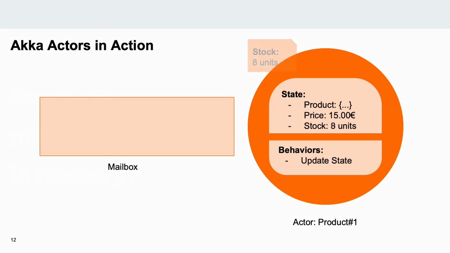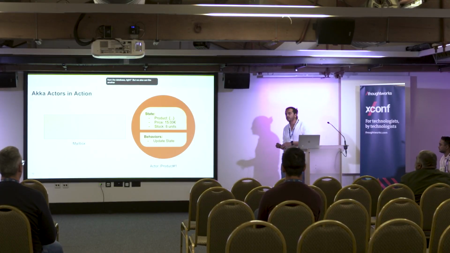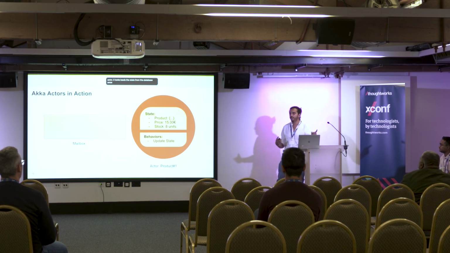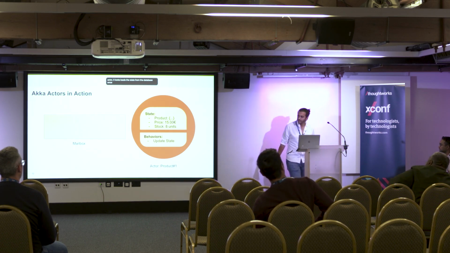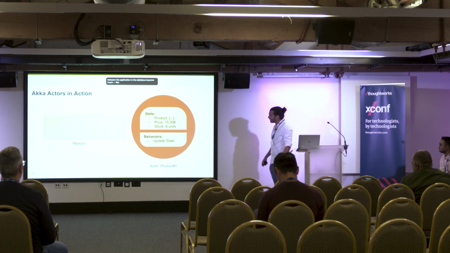But we also gained another thing: the first time that we create the actor, it loads the state from the database once, and then it stays in memory. So the data transfer between the application and the database became much less, and then we were able to process messages much faster. So that is one thing.